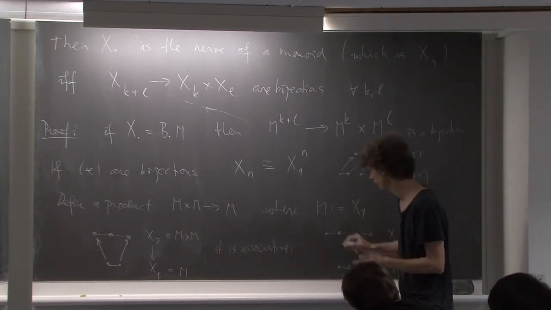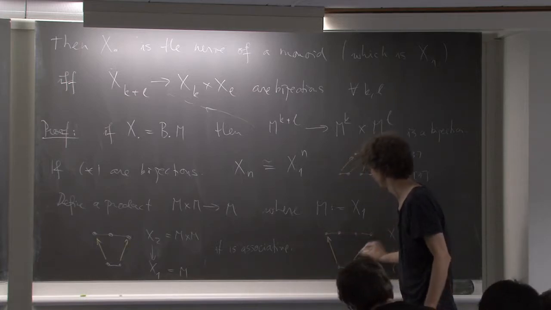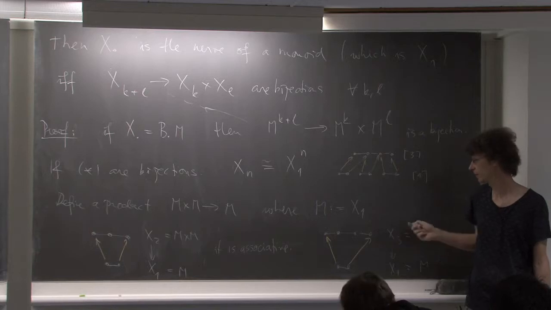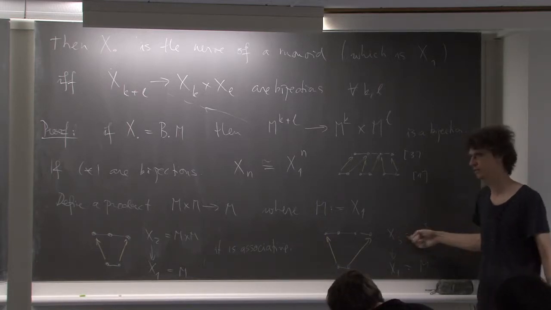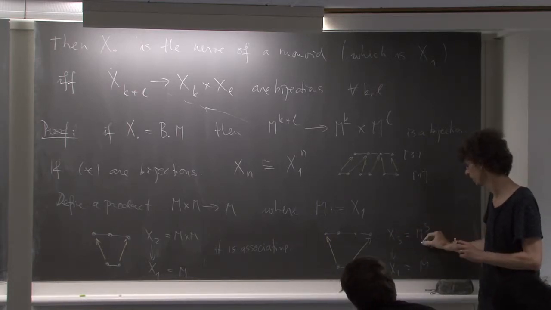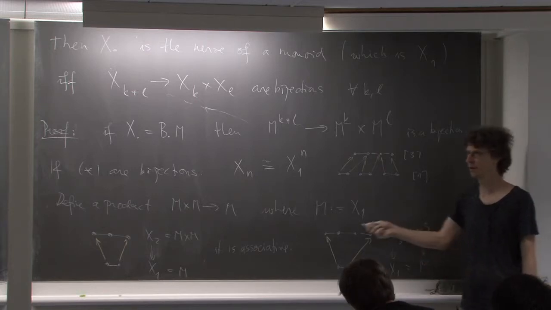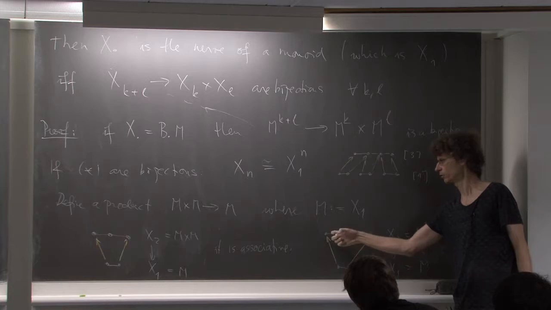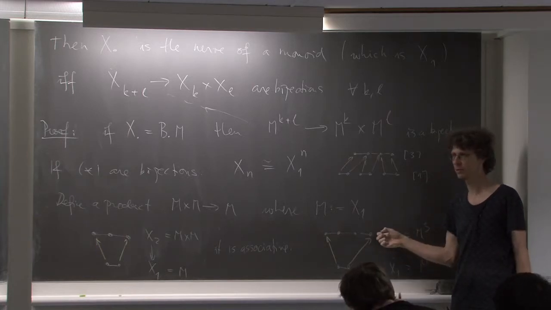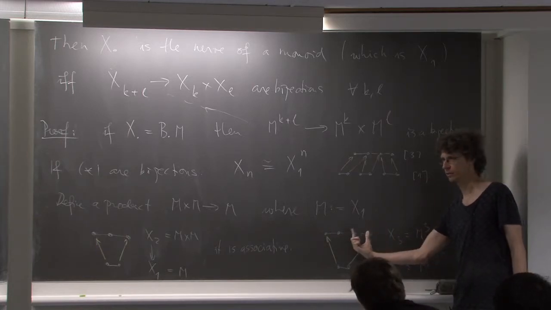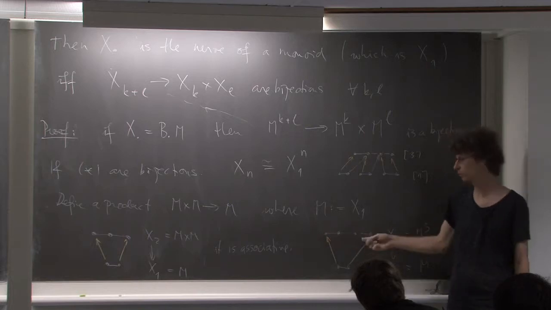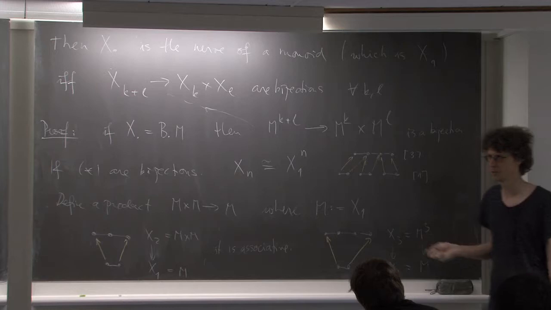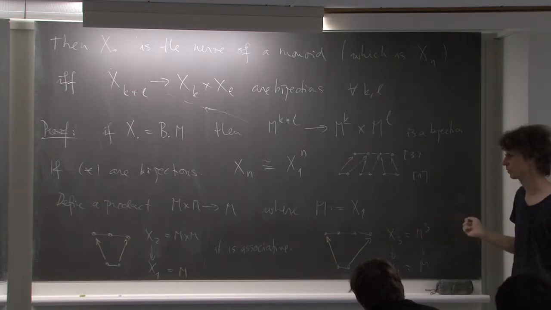How do we go there? Well, just in this way. And now you can easily verify that the map we get here from m cubed to m can be obtained simply by applying the product first on these two and then multiplying with that guy, or by applying it first there and then multiplying with this guy. It's simply the composition of two morphisms. So associativity comes from here.